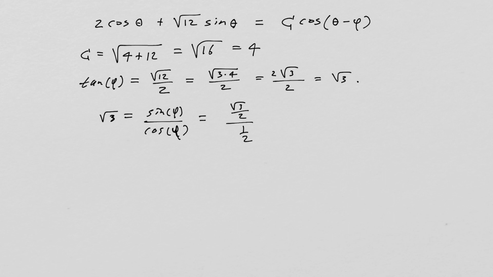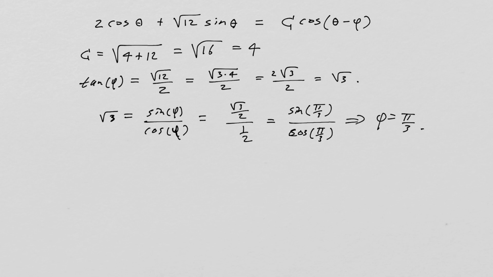So that's going to be the same thing as sine of pi over 3 over cosine of pi over 3. Okay. And so, of course, our phi is equal to pi over 3.